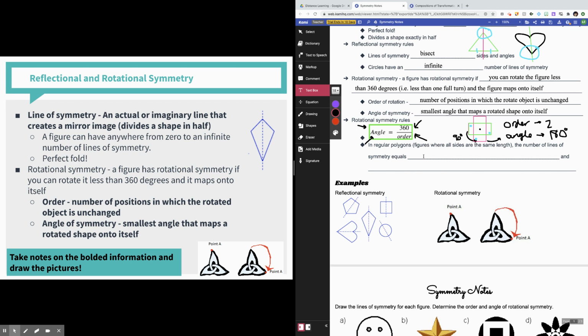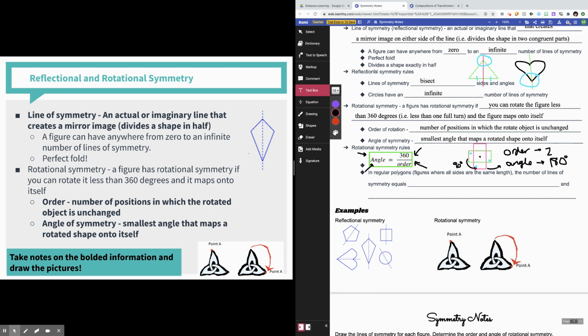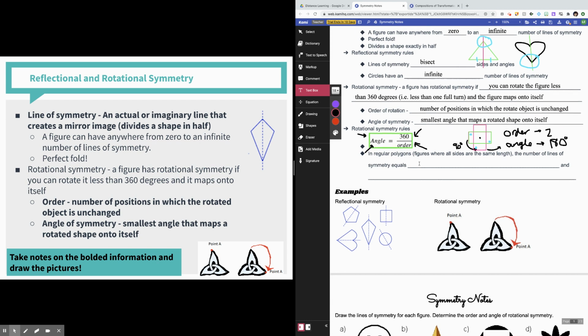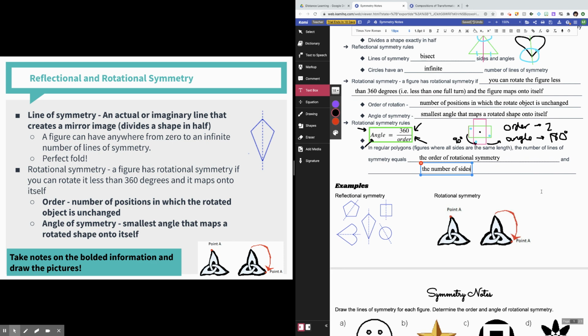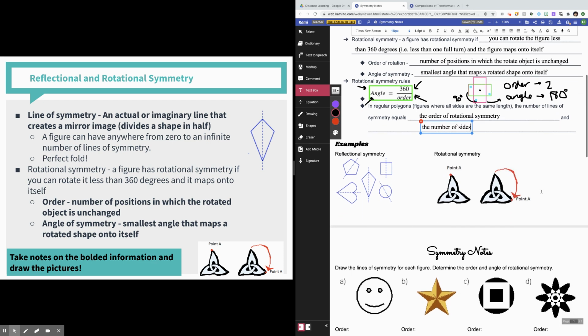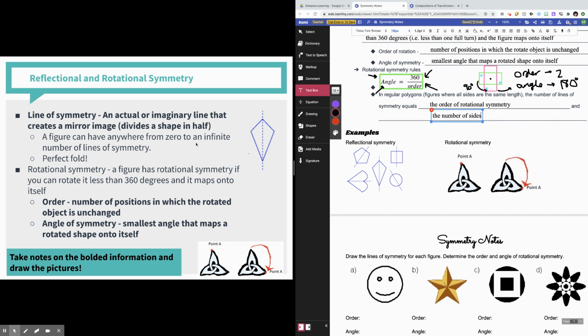The number of lines of symmetry, which is the reflectional symmetry up here, equals the order of rotational symmetry, and that's also equal to the number of sides, which is kind of cool. And you'll see down here in an example in a second.